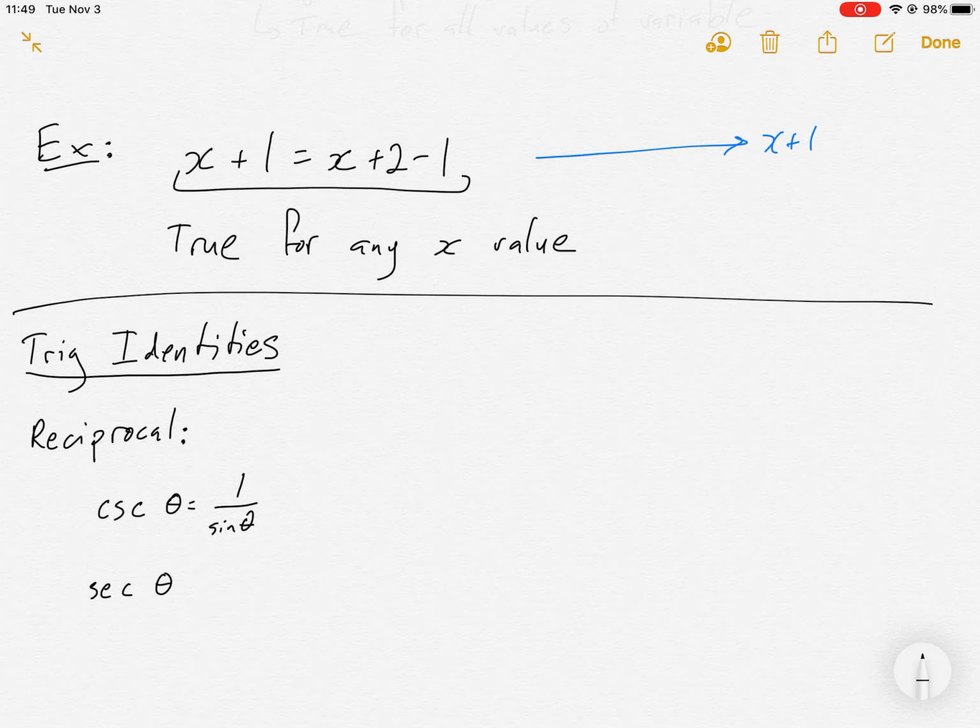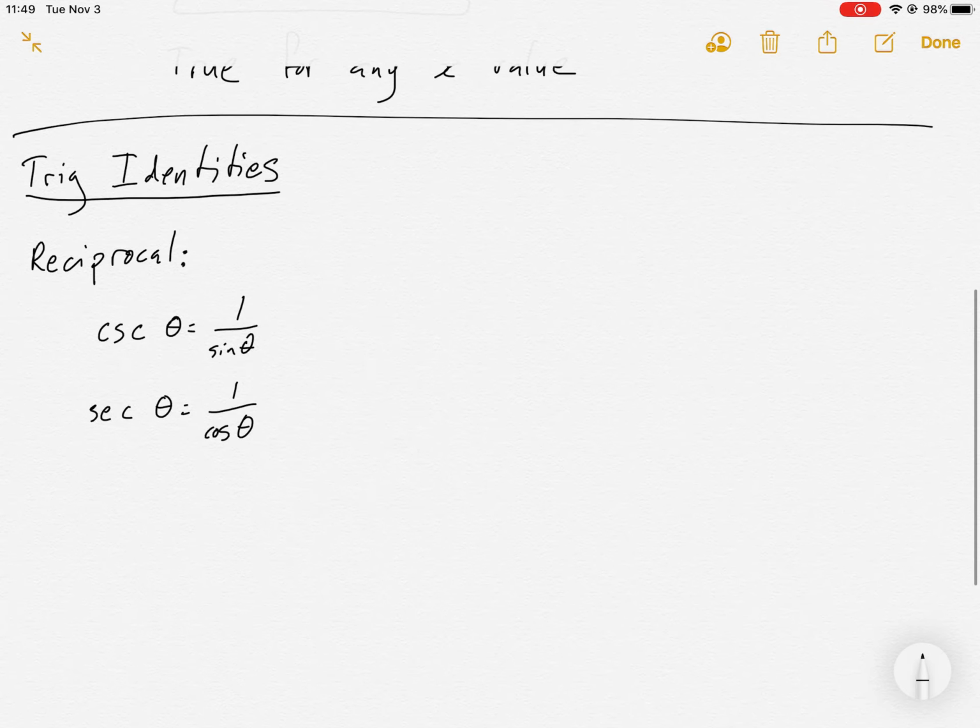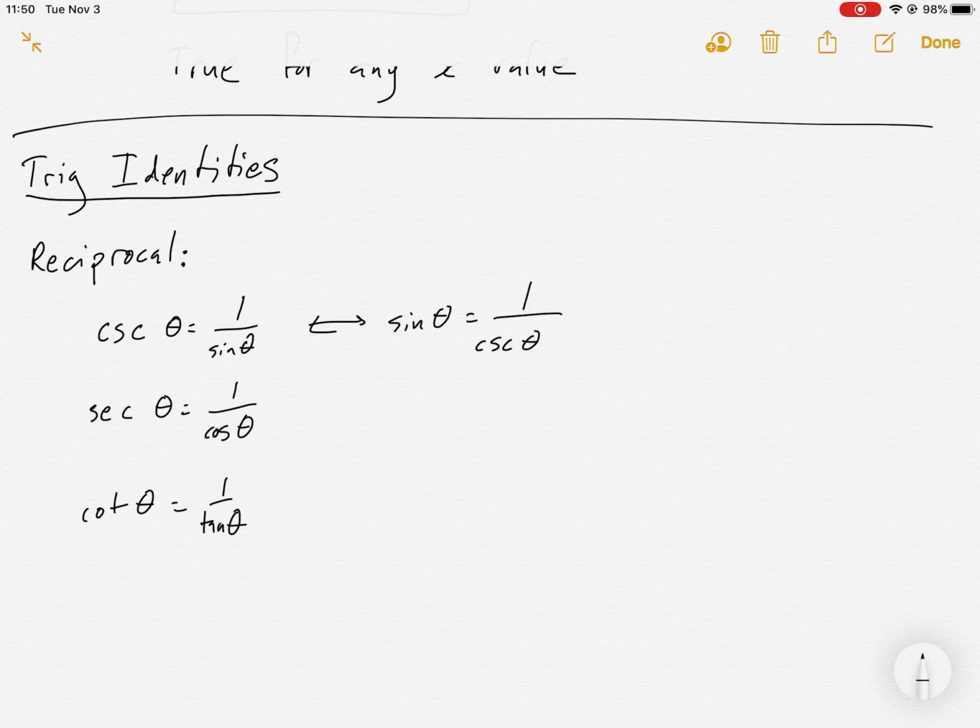Secant of theta is 1 over cosine of theta, and then cotangent of theta is 1 over tangent. So those are the reciprocal identities. You can also sort of flip this around. You could have sine of theta is actually 1 over cosecant.